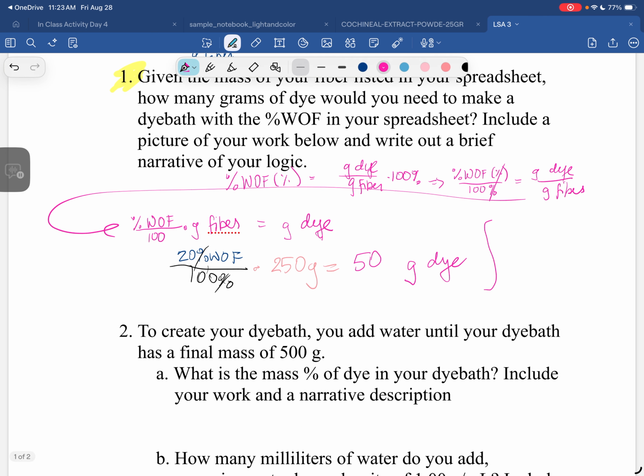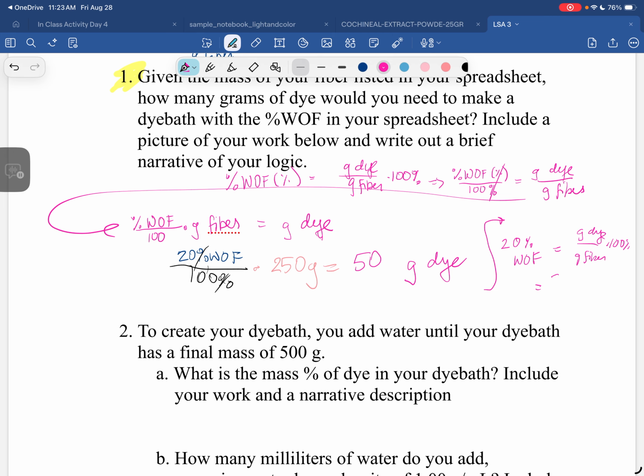Now, if you wanted to check your answer to make sure you got it right, we know that we want a 20% weight of fiber solution. So I could solve by plugging in my grams of dye over my grams of fiber, multiply by 100%, and see if I get 20.